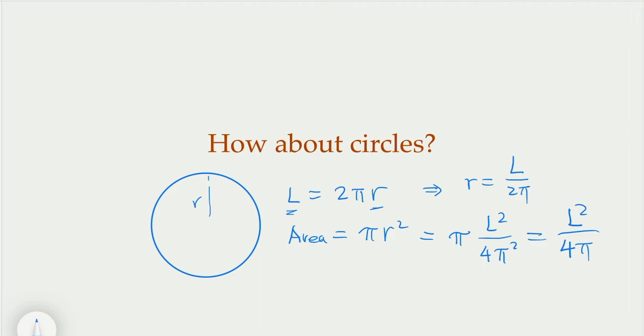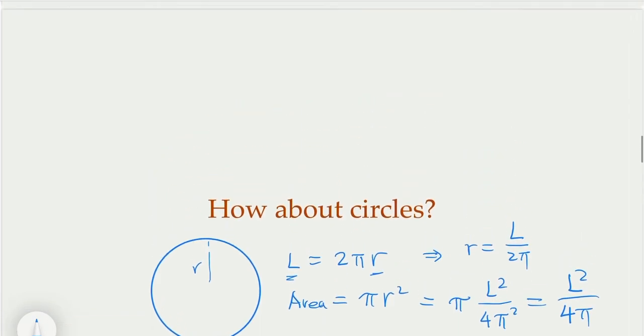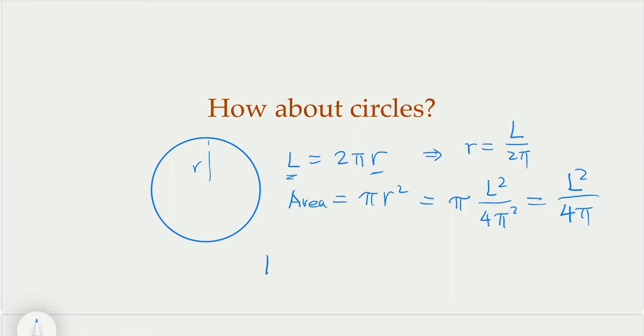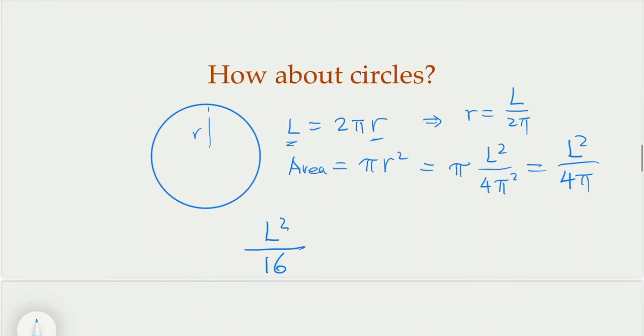Now think about the previous square: it is bigger than the triangle, but it is L squared over 16. Here it's L squared over 4 pi. Pi is about 3.14, and of course, the circle is bigger. So among triangle, rectangle and circle, you want to choose the circle to achieve maximum area.